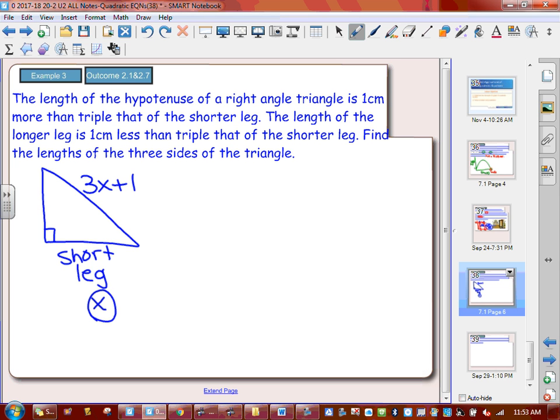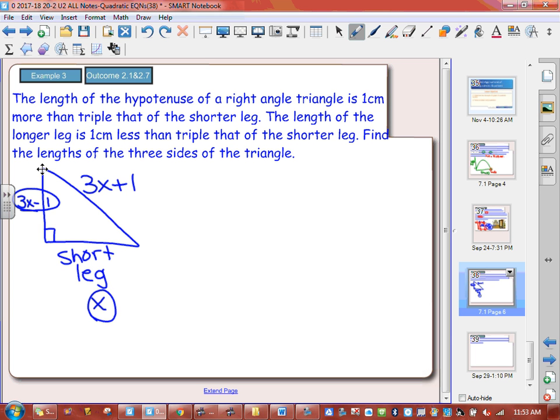Then it says the longer leg is 1 centimeter less than triple, so it's 3x subtract 1. Okay?